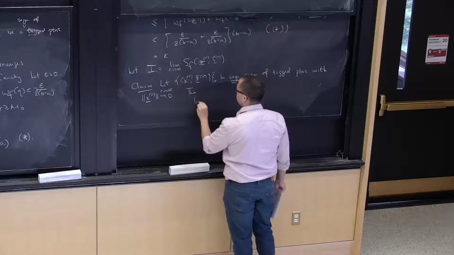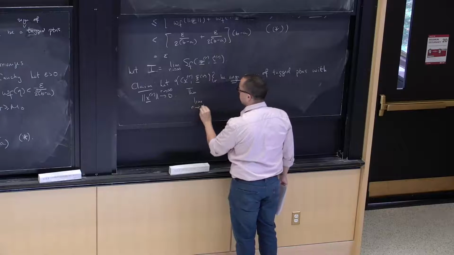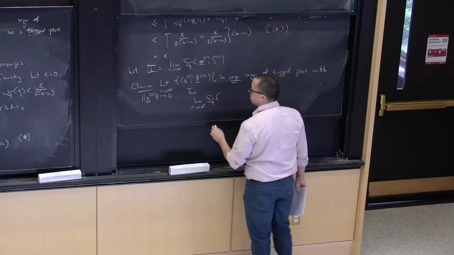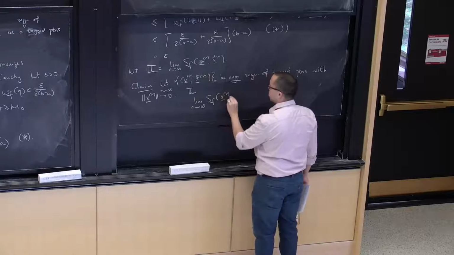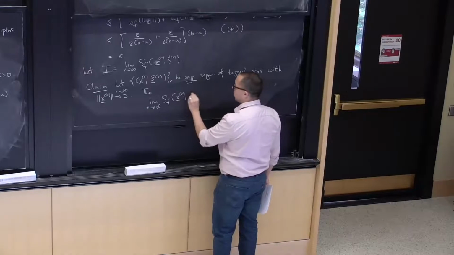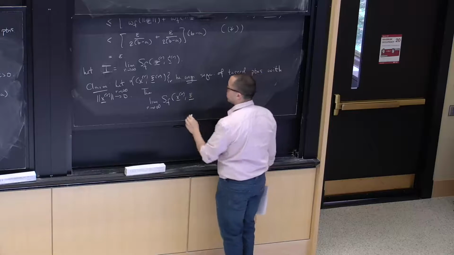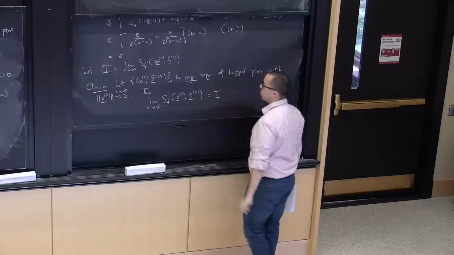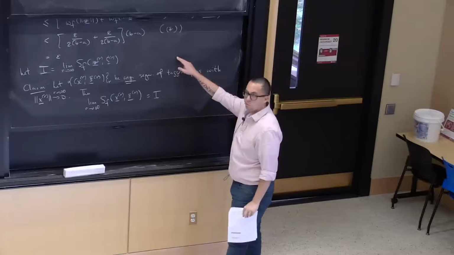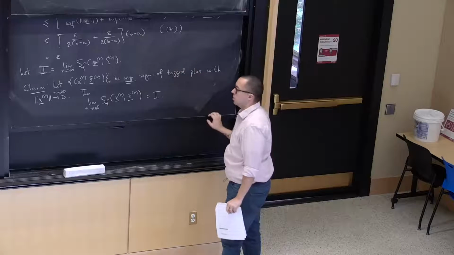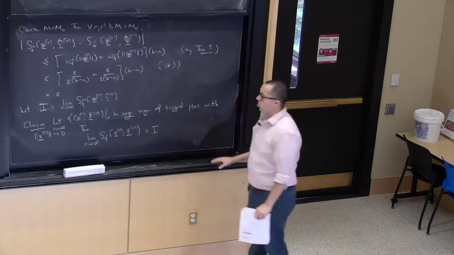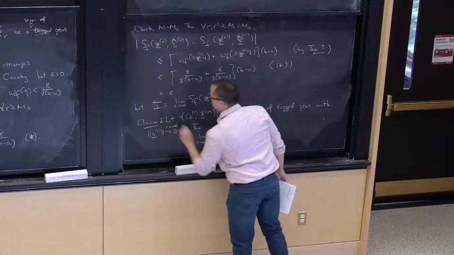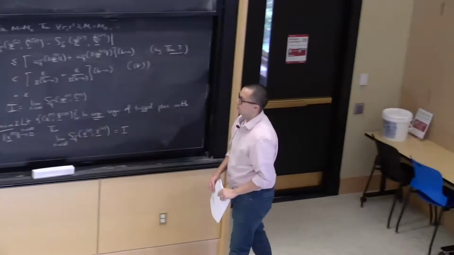Then I want to show that the limit as r goes to infinity of the Riemann sums corresponding to this sequence of partitions exists and equals this number I, which I obtained from this one sequence of partitions. So once I've proven this, if you like, this is claim 2. Once I've proven this, then I'm done.